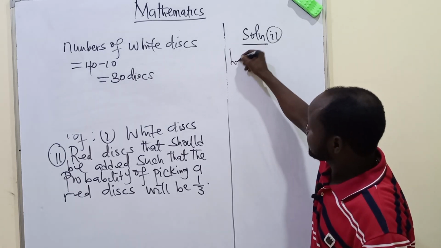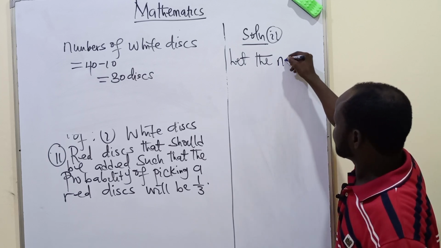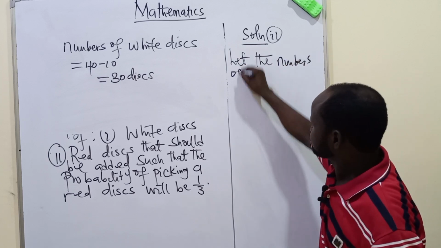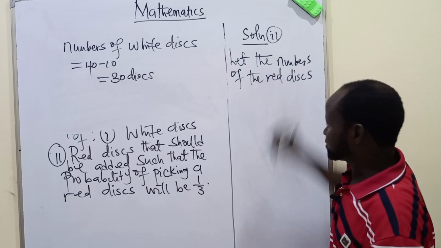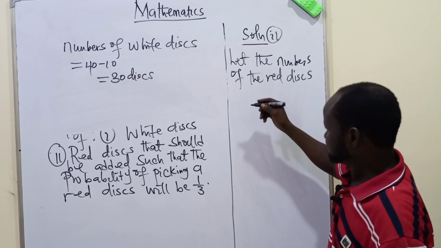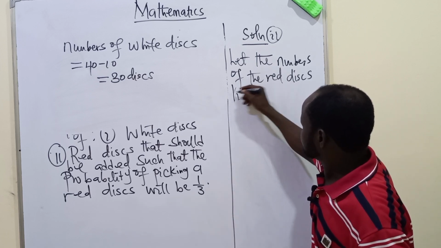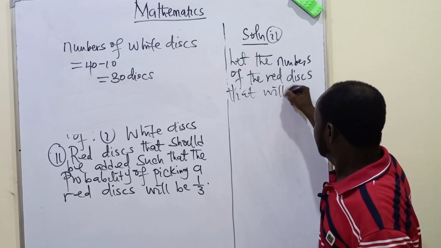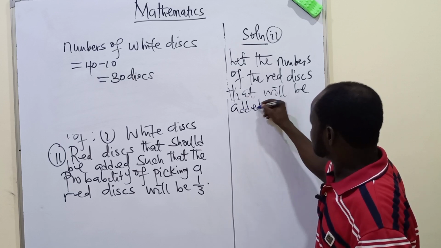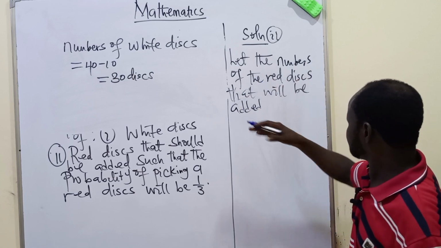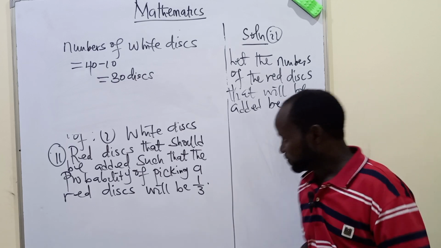So let the number of red discs that will be added be y.